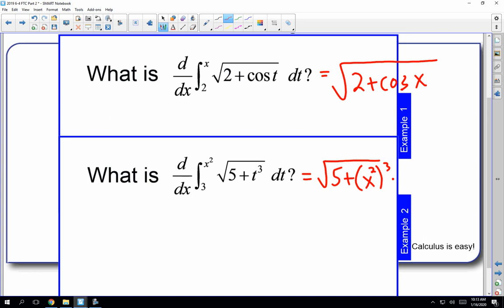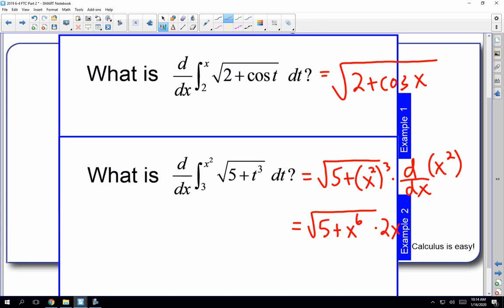So times d dx of the inner function, which is x squared. That's all you have to add to it because of the chain rule. And so this is equal to, in simplified form, the square root of 5 plus x to the 6th times d dx of x squared, which is 2x.